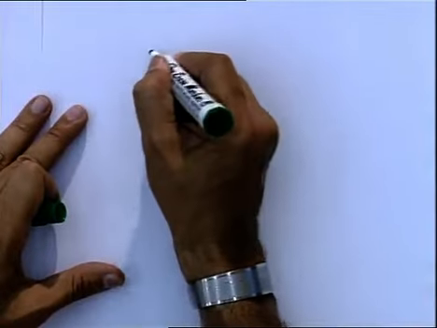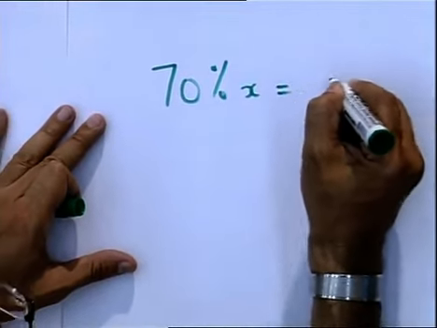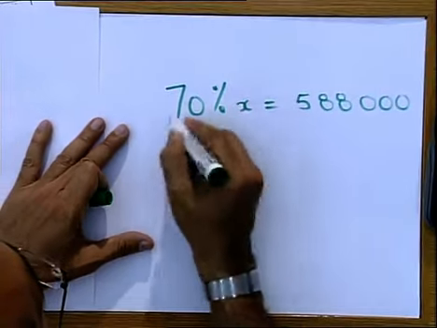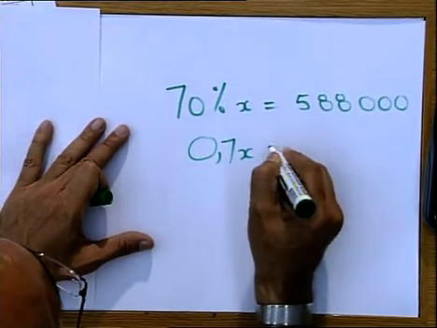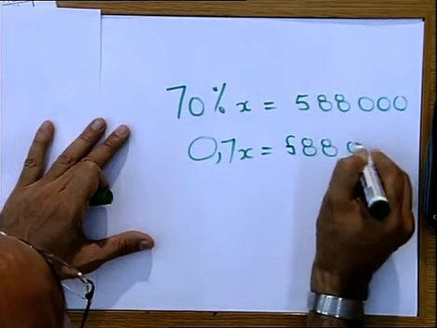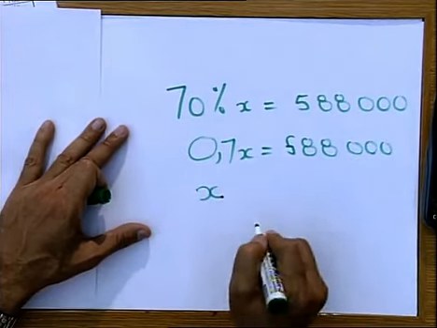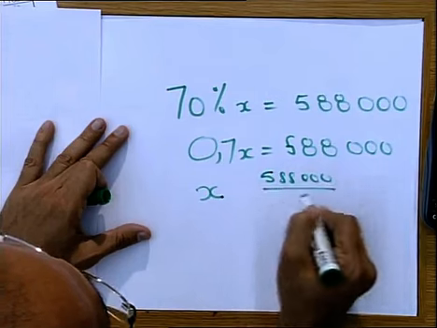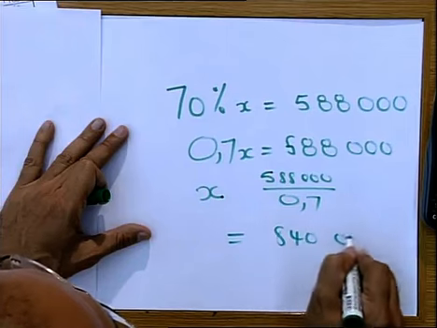So 70% of a figure gave us 588,000. So 70% in terms of decimal is going to be 0.7x equals 588,000. So x will be the profit before tax. It gives you 588,000 over 0.7. That gives you 840,000.